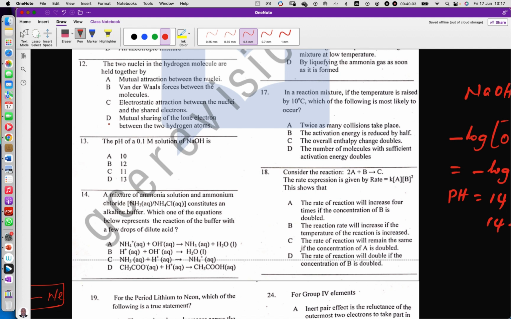C, electrostatic attraction between the nuclei and the shared electrons. D, mutual sharing of lone electron between the two hydrogen atoms. D is the right answer.